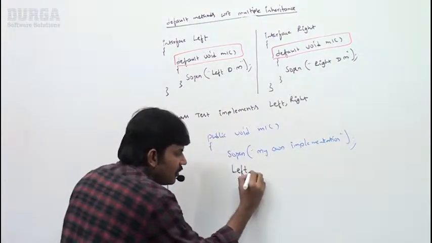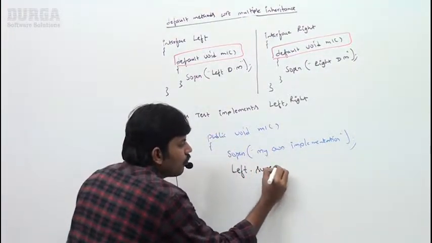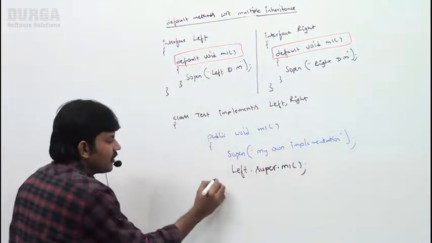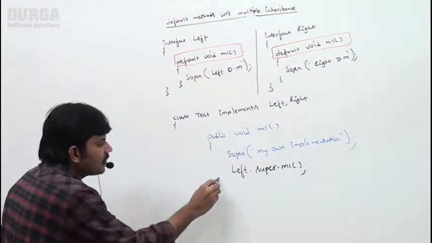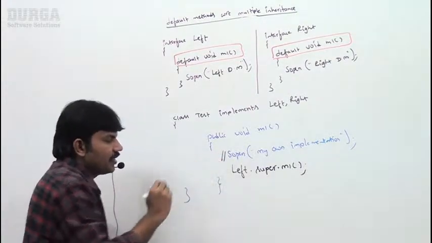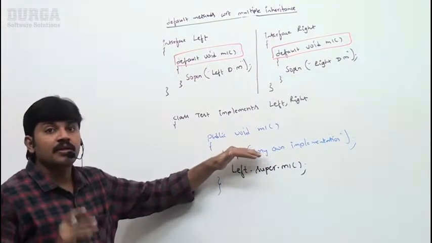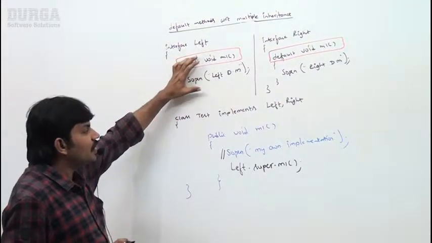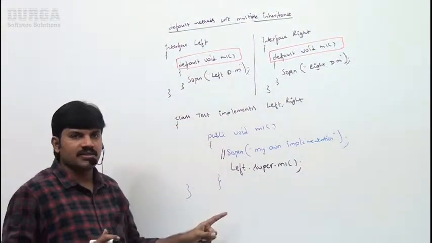Left.super.m1. Are you getting it? Left.super.m1, like this. So instead of providing a new implementation, I want the Left interface default method for the Test class.